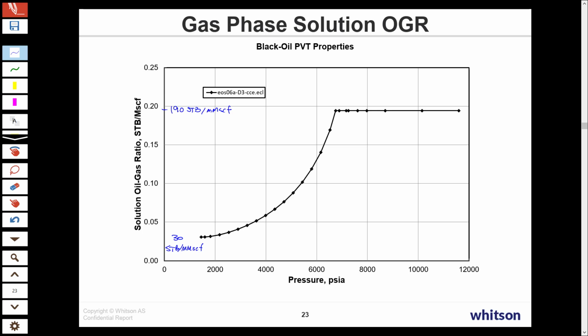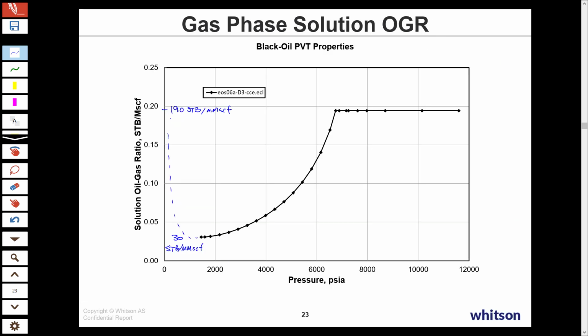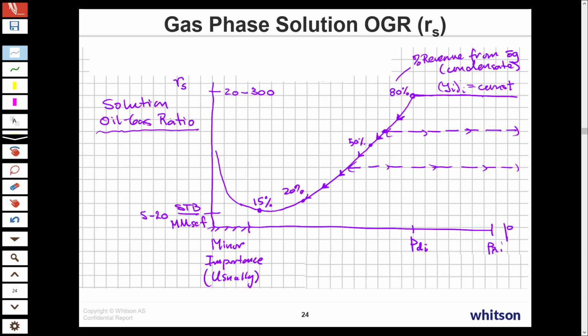And again, if we would have continued this calculation to even lower pressures, then this would have come up here like this. Okay, so let's make a couple of comments about this.